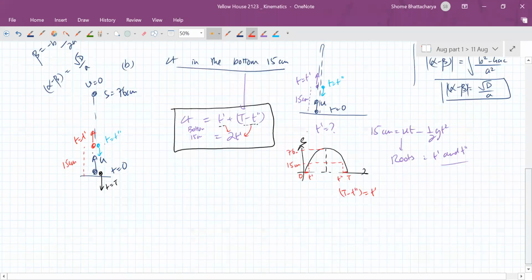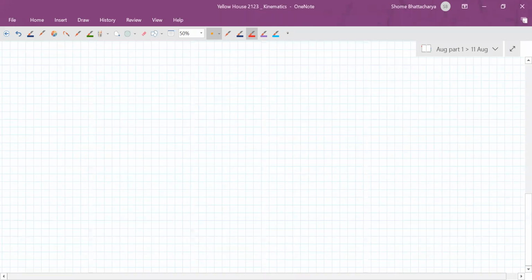How do we calculate average velocity? What is the general formula for it? Total displacement upon total time, mean velocity or average velocity, right? Okay, so we have to calculate the average velocity for the entire journey, which is equal to total displacement divided by total time.